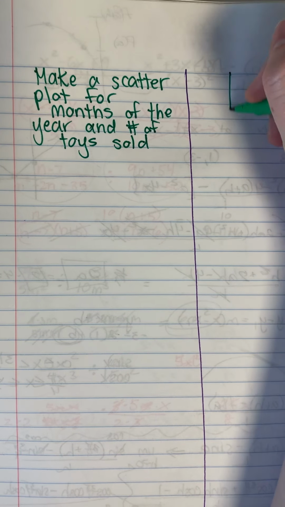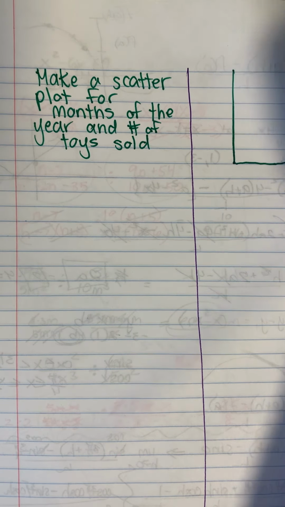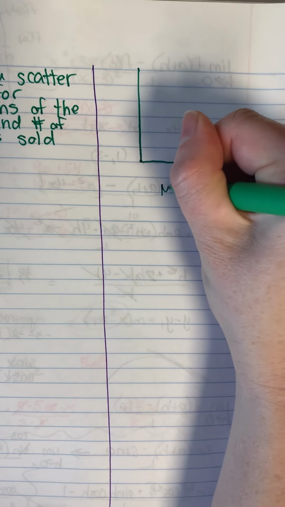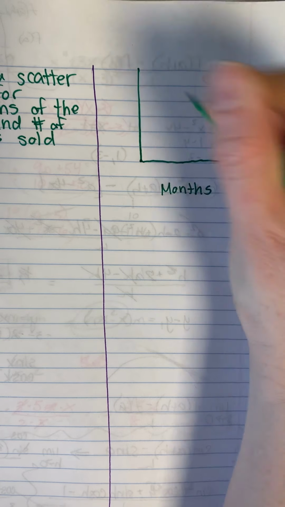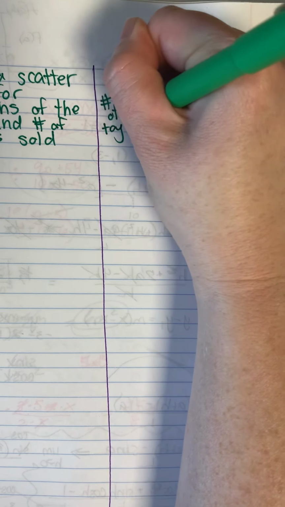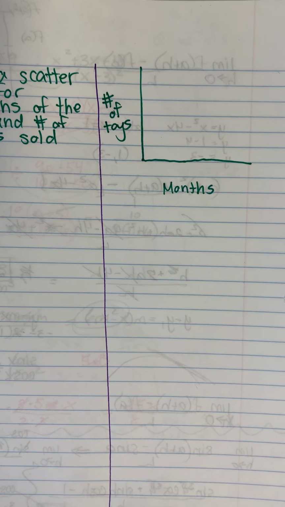Okay, so months, I'm not going to actually write in all the months. That's okay. And we're not even going to write in numbers for number of toys because all we care about is the relationship right now.